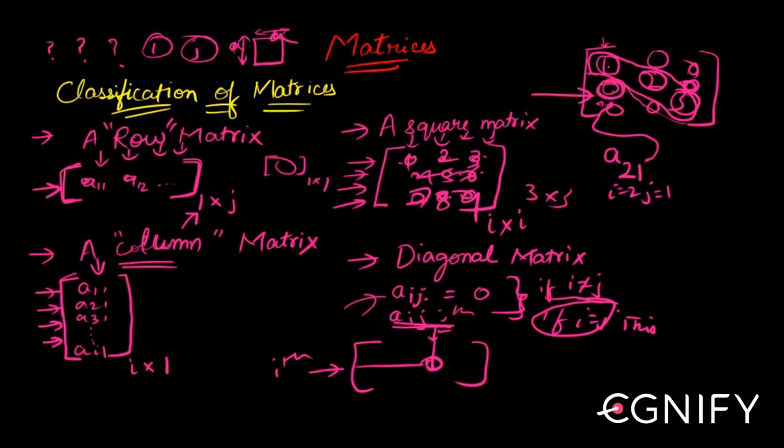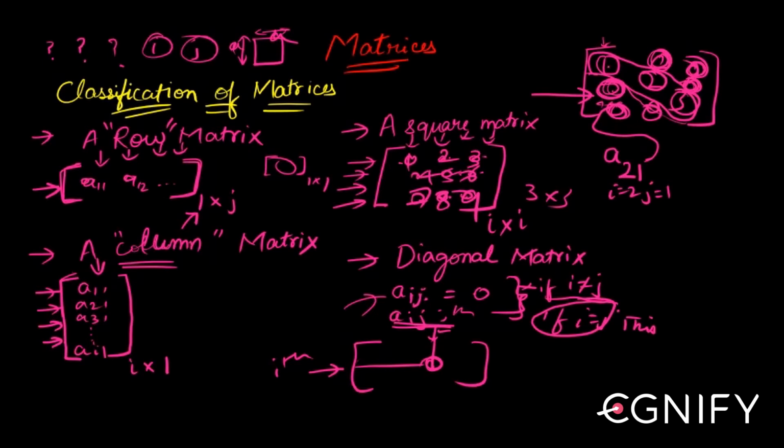But for the other elements, the thing that's common is their i's are not equal to their j's, and that is the reason why all of them have to be 0. That's what you mean by a diagonal matrix. A diagonal matrix looks like something which has non-zero elements only in its diagonal. So this completes our discussion on diagonal matrix.